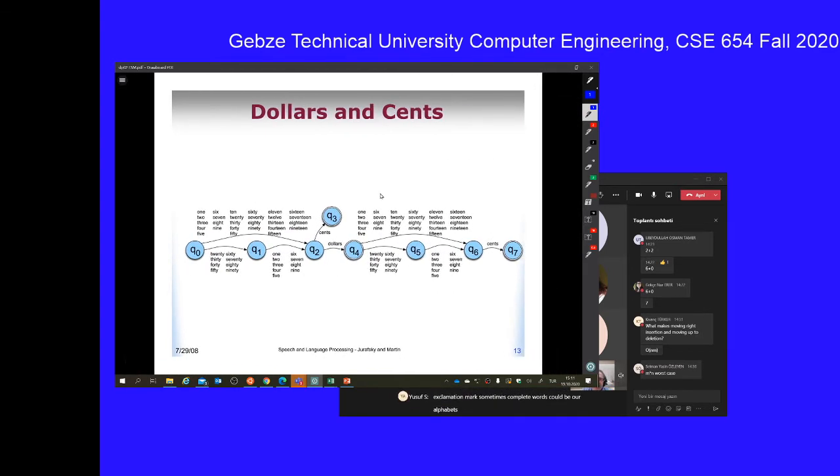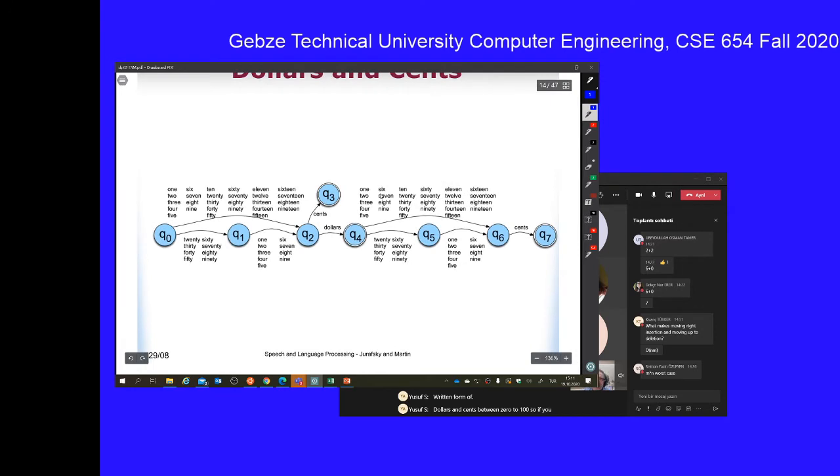Here is a finite state automaton to recognize the written form of dollars and cents between 0 and 100. So if you would like to say 21 dollars and 50 cents, let's see if I can recognize this.